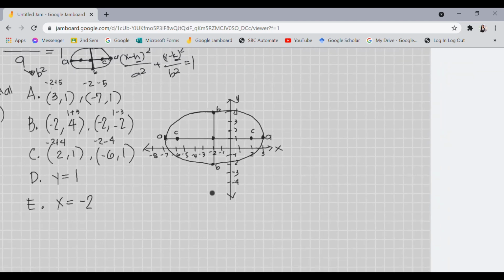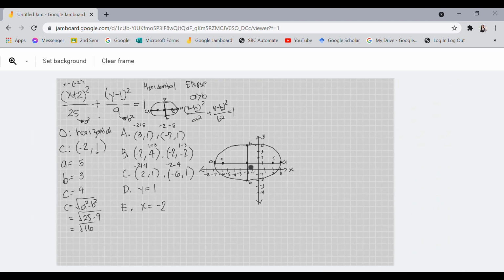Okay. So, horizontal ellipse, center at negative 2, 1. Vertices at 3, 1 and negative 7, 1. Co-vertices at negative 2, 4 and negative 2, negative 2. Foci at 2, 1 and negative 6, 1. So, as you can see, tama din naman. And then, the major axis, this one, has the equation that is y equals 1.